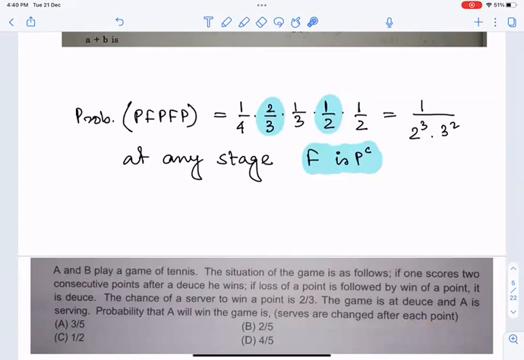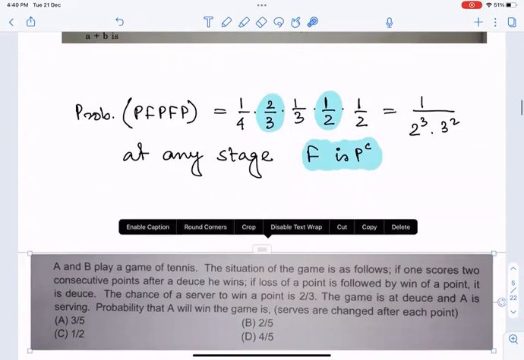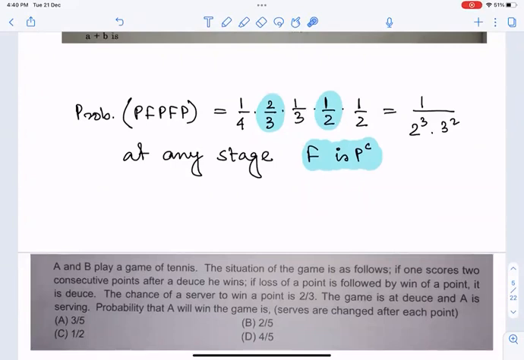Okay, so that means at this moment the game is in a draw position. A is serving. So for this particular serve, the probability of winning for A is 2/3. The probability of winning for B is going to be 1/3. Is the statement okay? Now, after every service, it is supposed to be interchanged.